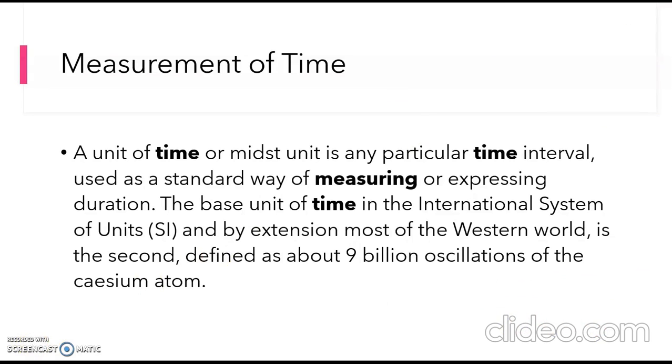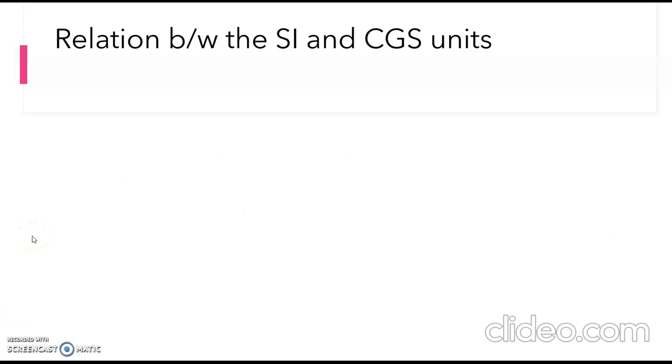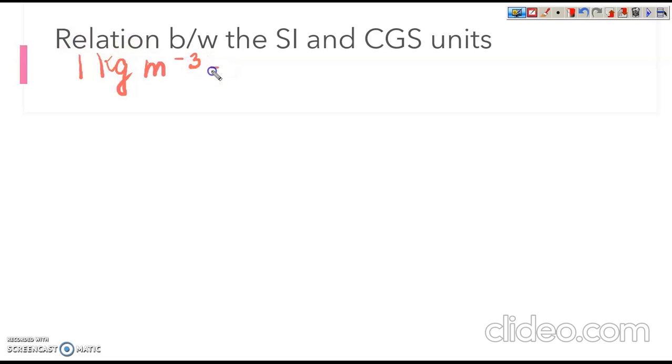Now, let's see the relationship between SI and CGS units. 1 kilogram meter to the power minus 3.